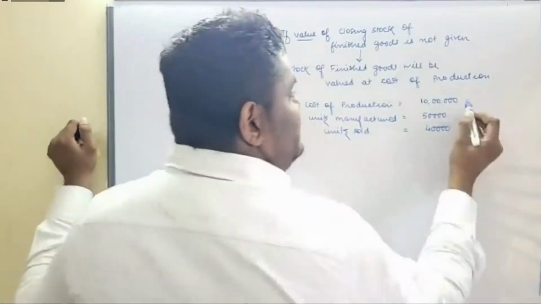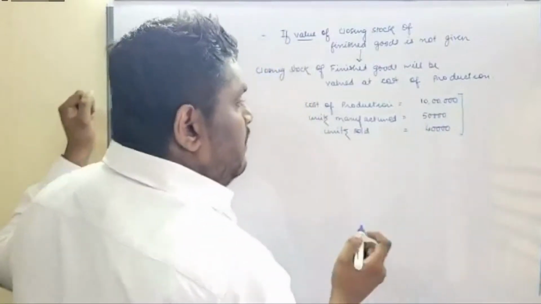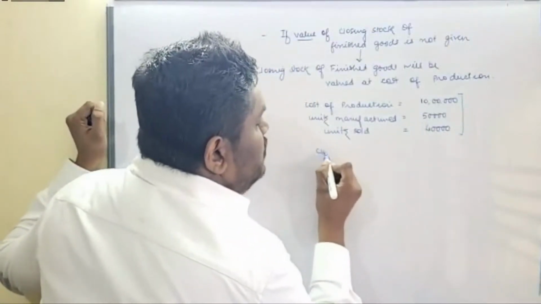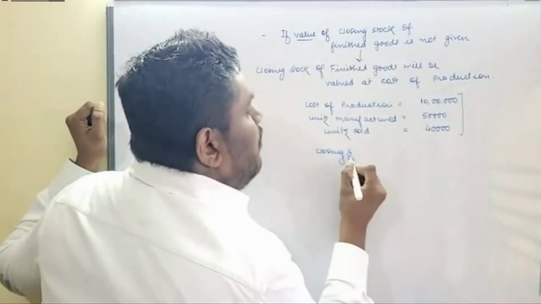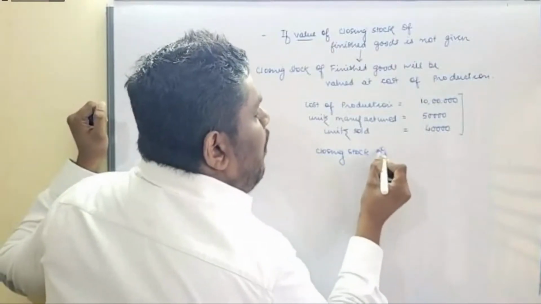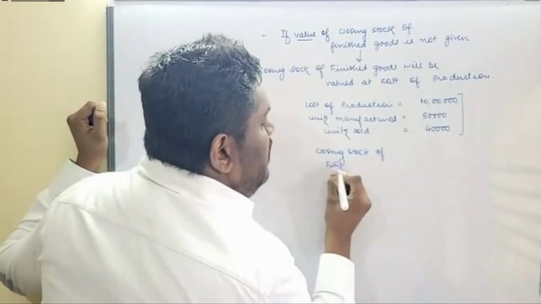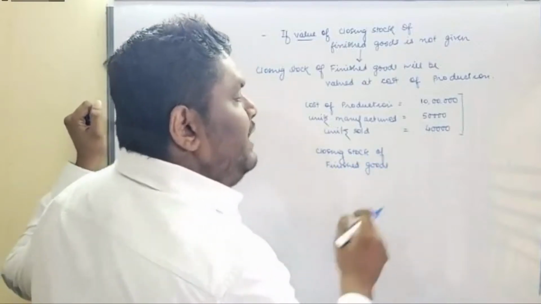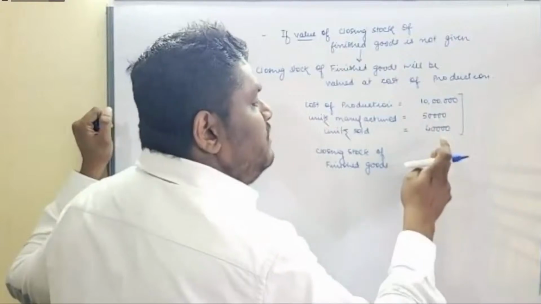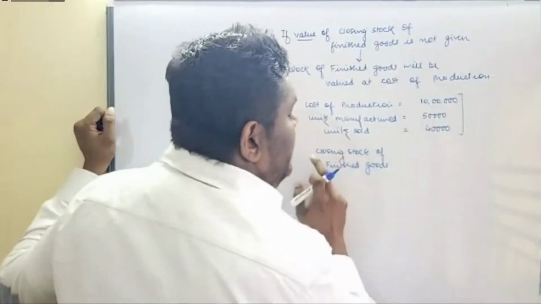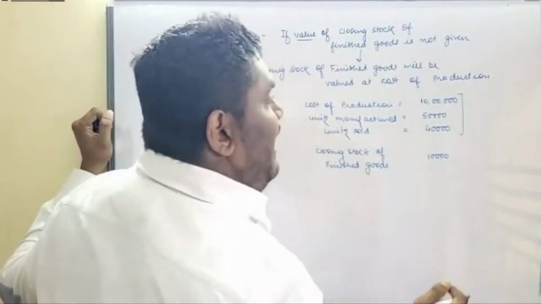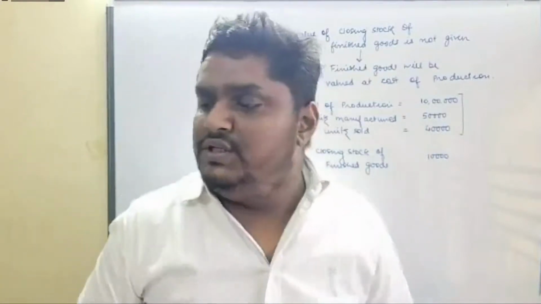So in this case, what will be the closing stock of finished goods? Total units manufactured were 50,000. Of this, 40,000 units are sold. It means closing stock of finished goods will be 10,000. And the value is not given in the question.